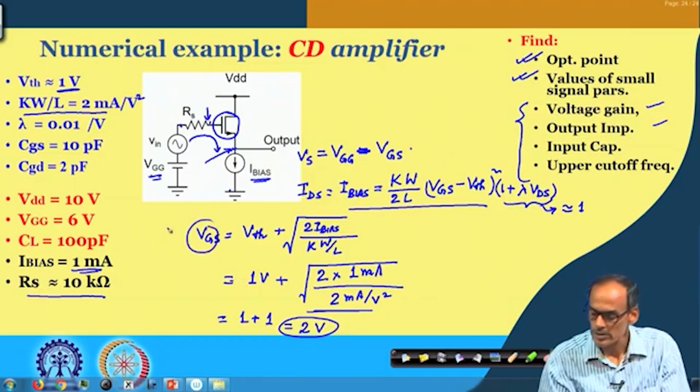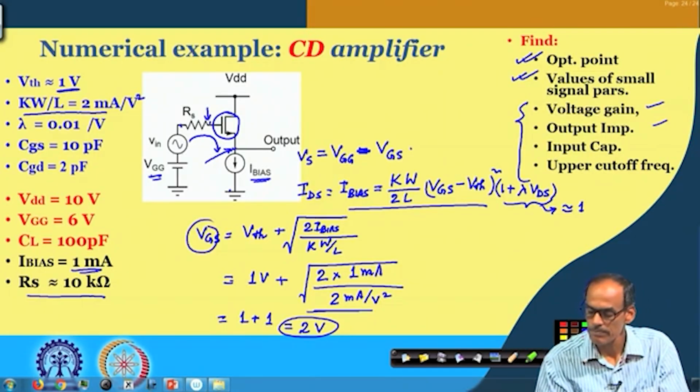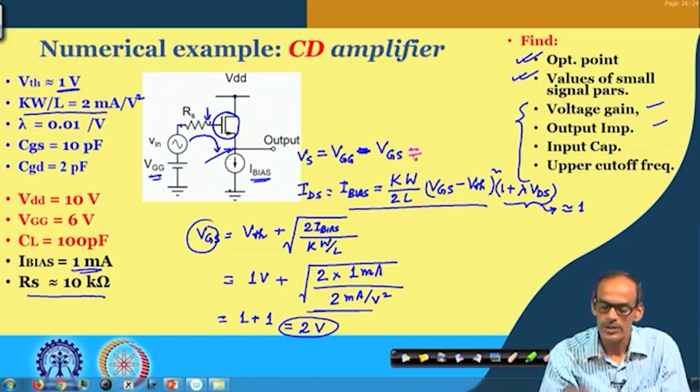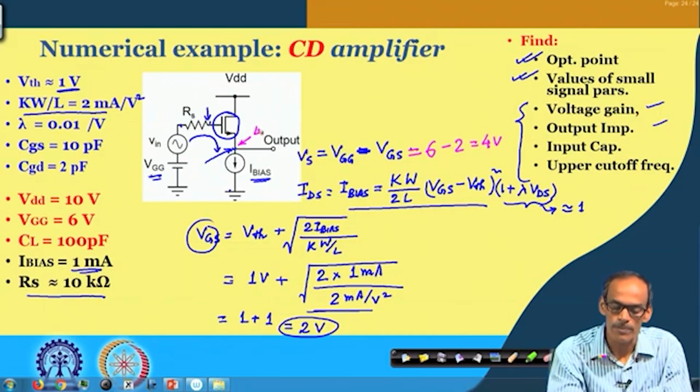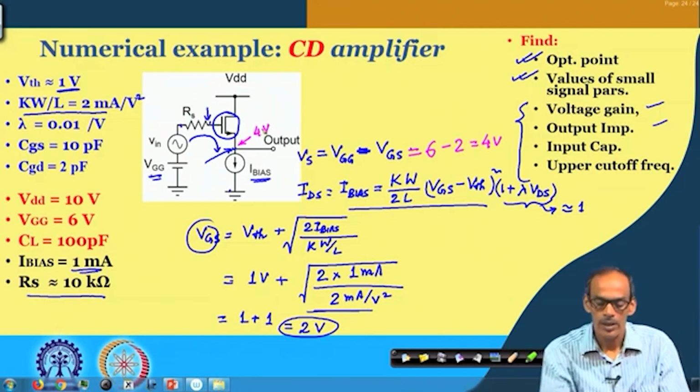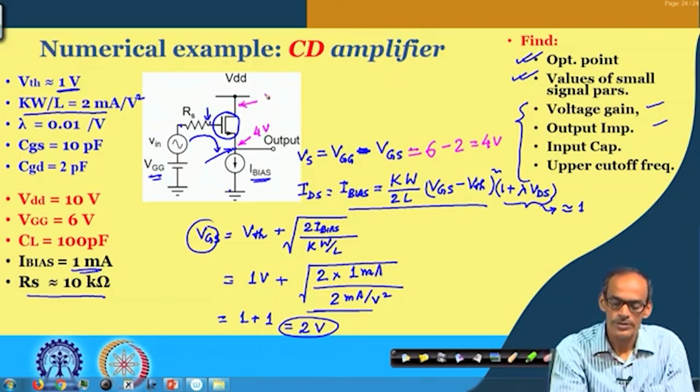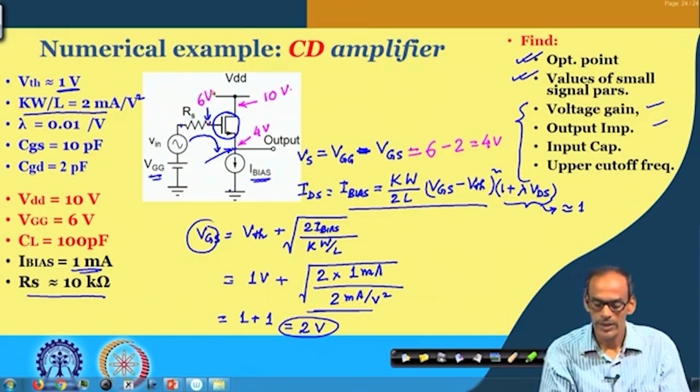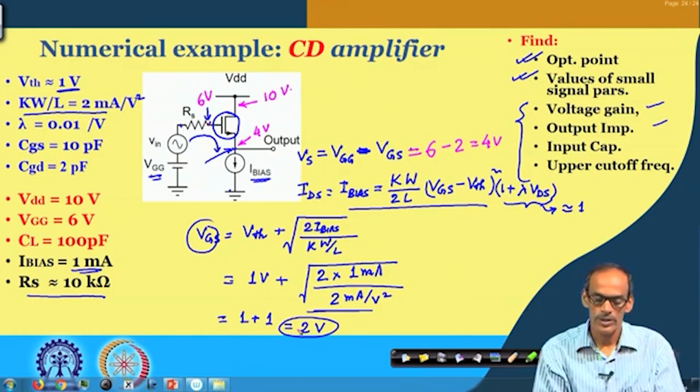So, from that we can see that the voltage at the source is 6 minus 2, that is 4 volt. So, the voltage here is 4 volt, and of course the drain voltage here is 10 volt, and gate voltage here is 6 volt. So, that gives us the operating point of the transistor.